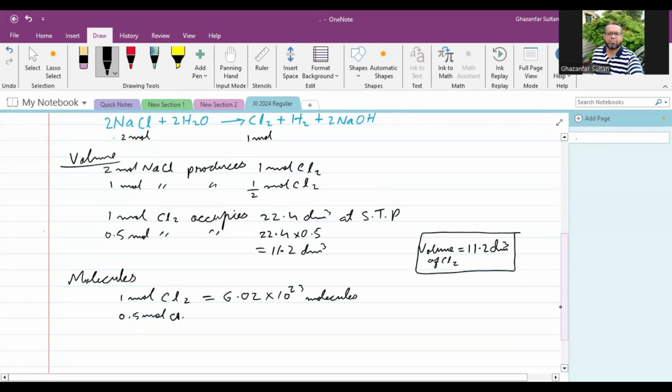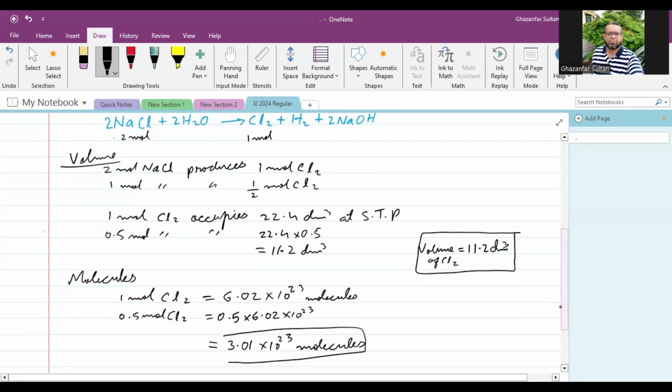So what are the number of molecules? So multiply 0.5 with 6.02 into 10 raised to power 23. So your answer is 3.01 into 10 raised to power 23 molecules. So this is your answer.